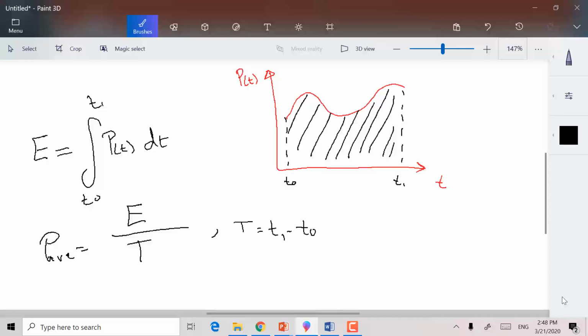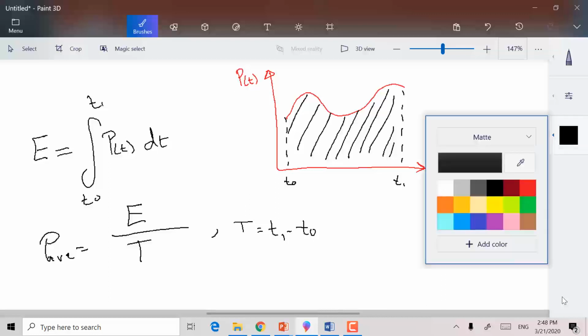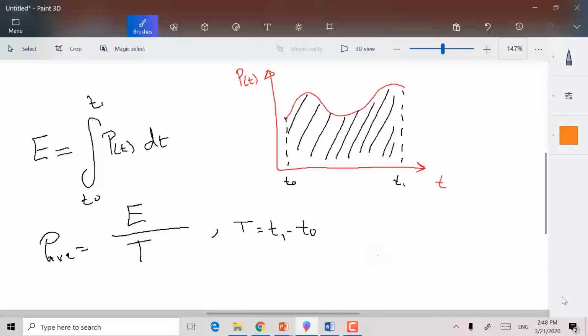Now, this is the average power, not to be confused with the instantaneous power. For example, at this time here the instantaneous power is this value, but the average power is the total energy divided over the period of time.